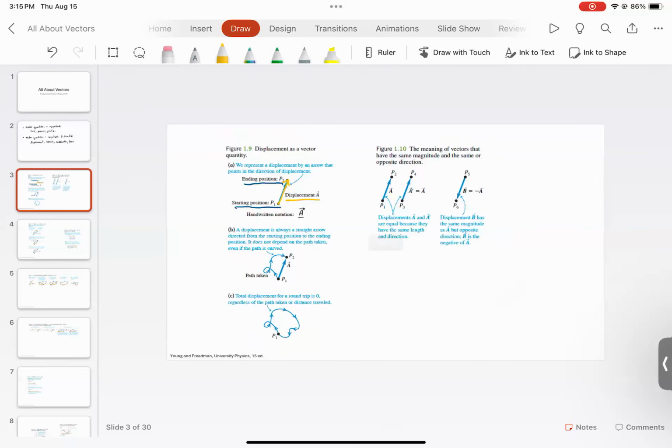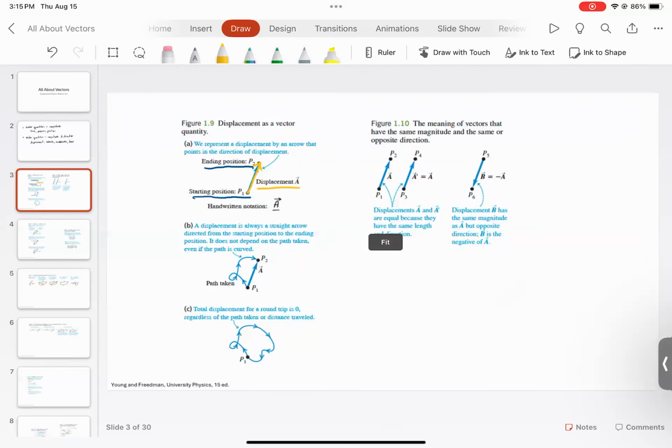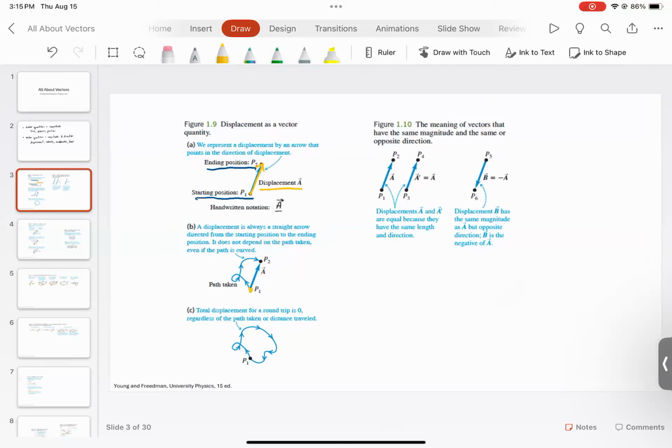So if the object started from P1, at kung ito yung path na tinake niya, and natapos siya at P2, yung path na yan ay hindi nagmamatter. Okay, but ang nagmamatter lang is yung P1 at saka yung P2, yung start position at saka yung end position. And that's where we draw the arrows, from the starting position to the ending position.